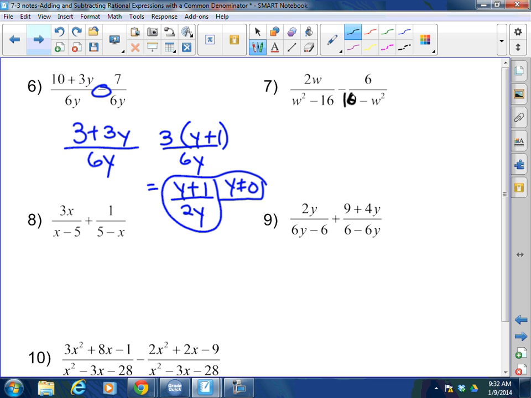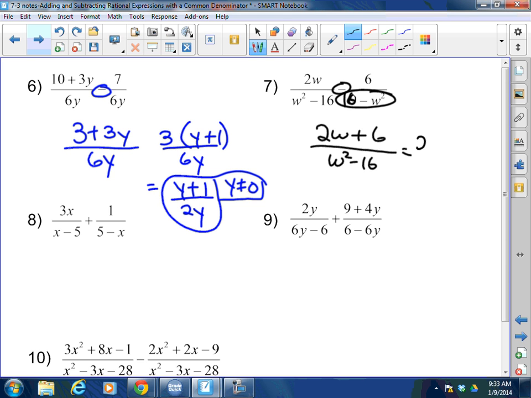So first off, do I have common denominator? No. What do I have to do to make it a common denominator? I can factor out a negative 1. But when I factor out a negative 1, what's going to happen to this negative here? So I'm going to have 2w plus 6 over w squared minus 16.